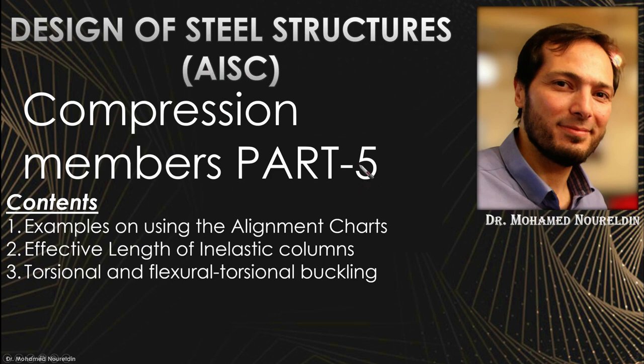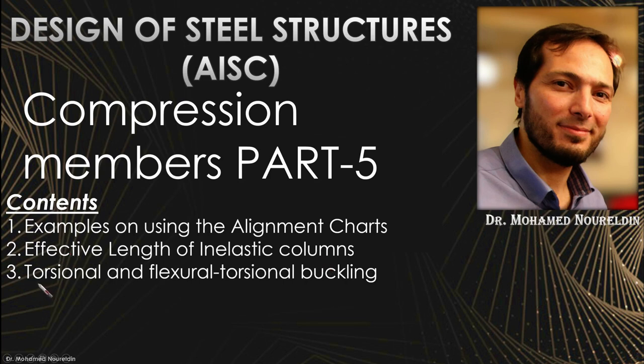This is part number 5, and in today's video I'm going to talk mainly about 3 main points. I'm going to give some examples on using the alignment charts that we have already explained in the last video, and after that I'm going to talk about the effective length of inelastic columns, and I'm going to give a couple of examples on it.